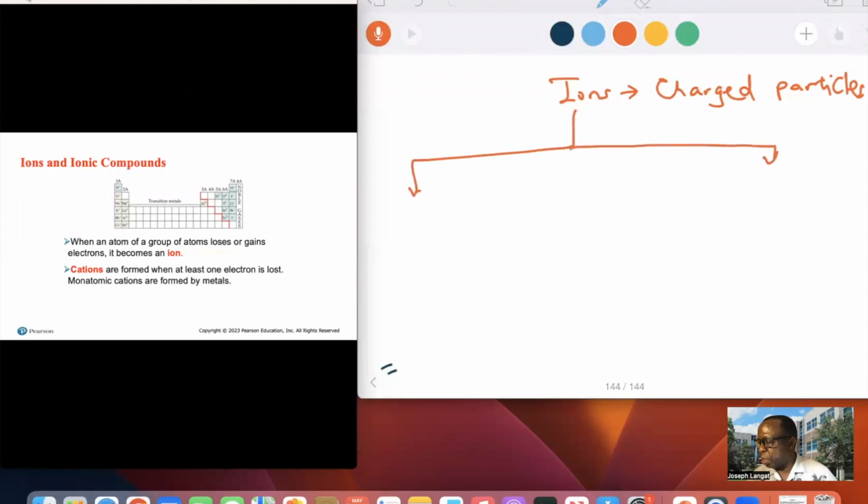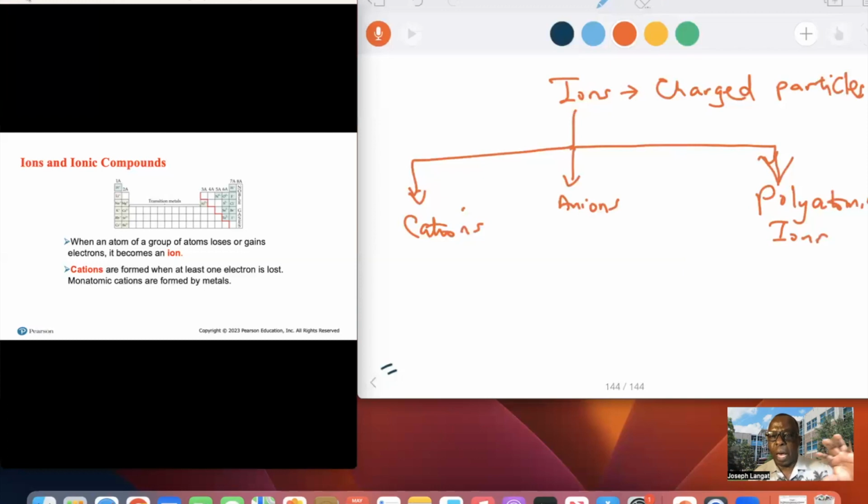It can be anions, it can be cations, or it can be polyatomic ions. We will come back to this, but it's good to put things in perspective so that when we move forward, you will make a connection between what you learned previously and where we will be.